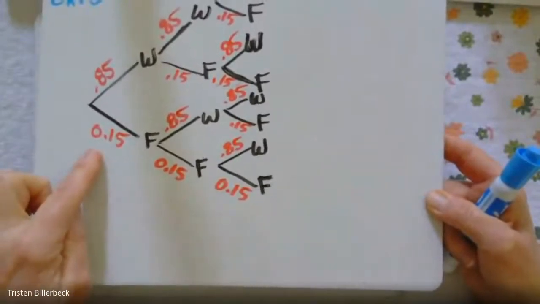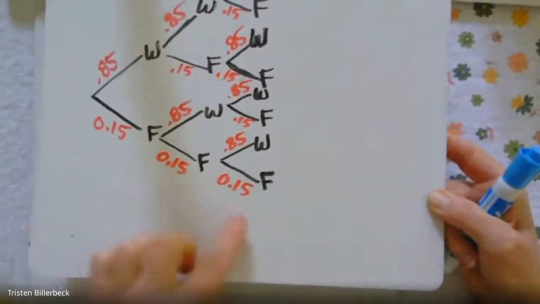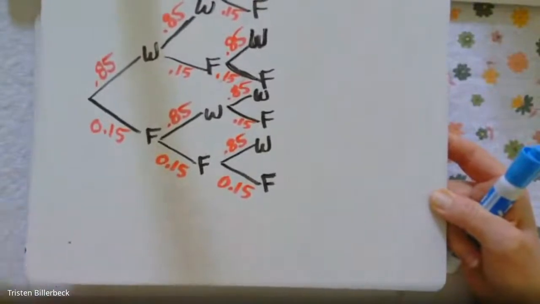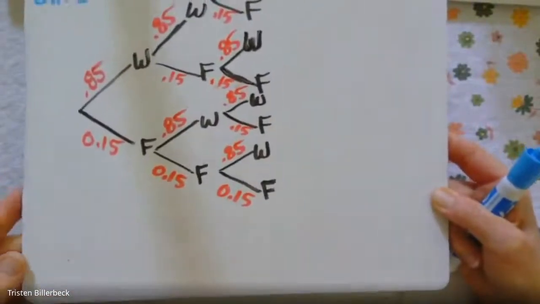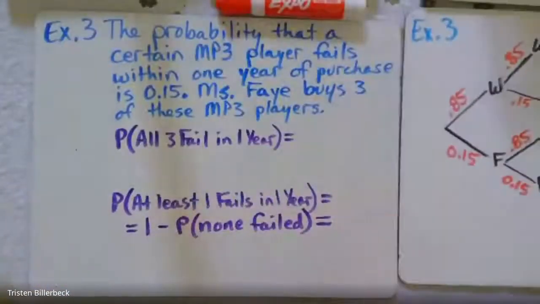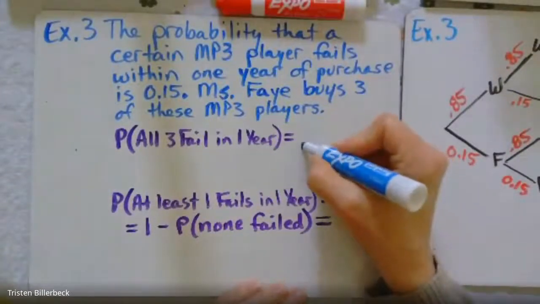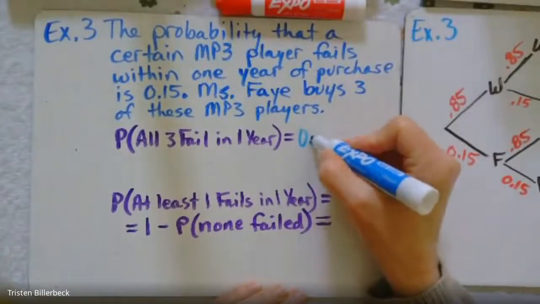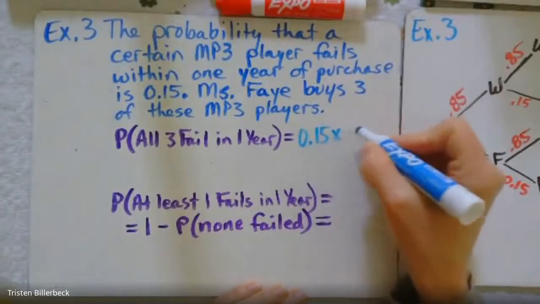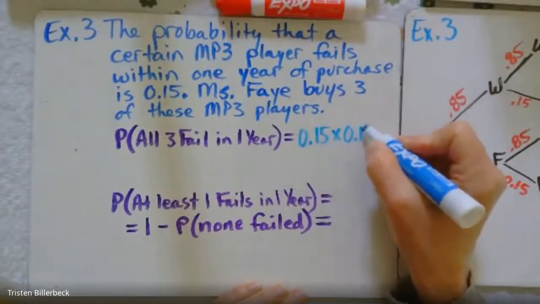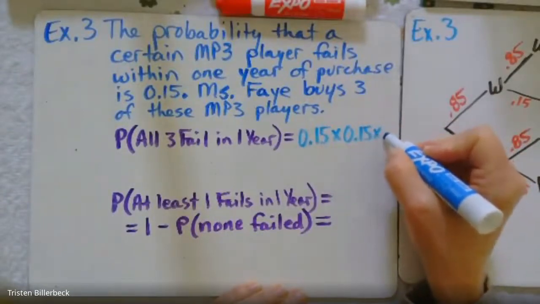So if this fails and this fails and this fails, that means we're multiplying 0.15 times 0.15 times 0.15. I ran out of space.